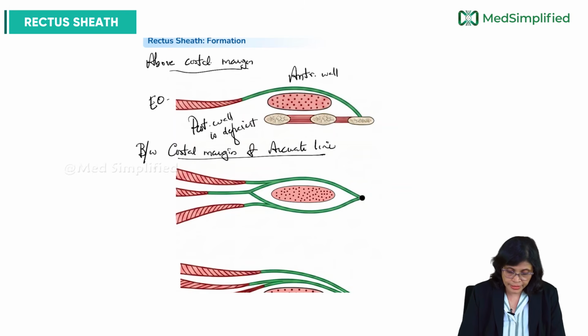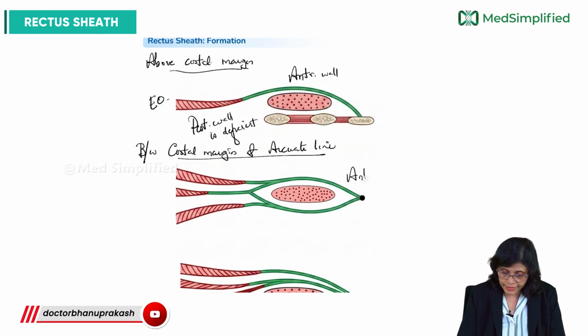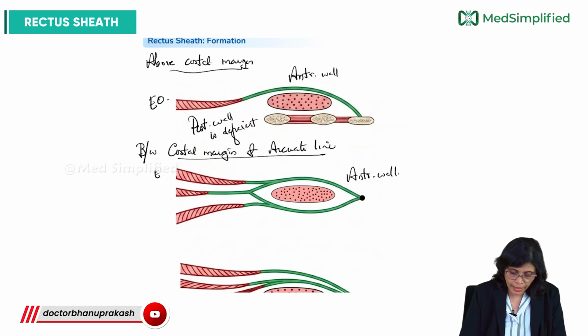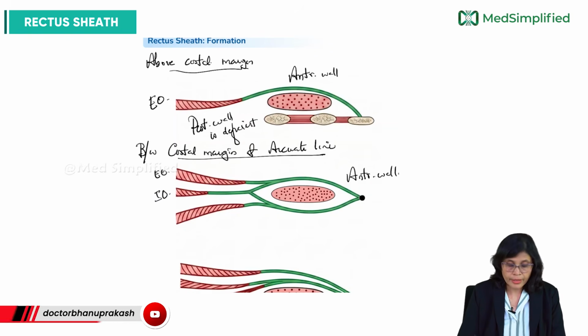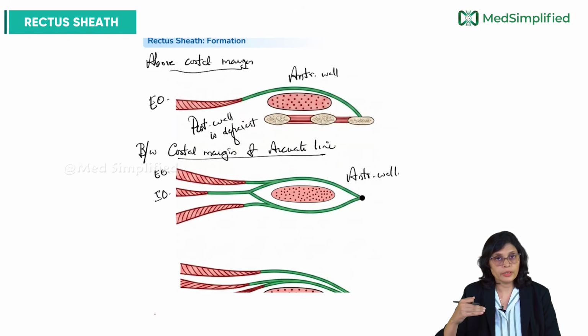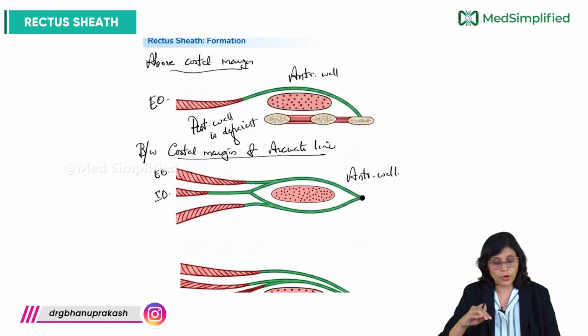So here if we see now the anterior wall. Okay, so here the anterior wall will be formed by the aponeurosis of external oblique, and so between the costal margin and the arcuate line, the anterior wall will be formed by the fusion of the aponeurosis of external oblique as well as the anterior lamina of internal oblique.